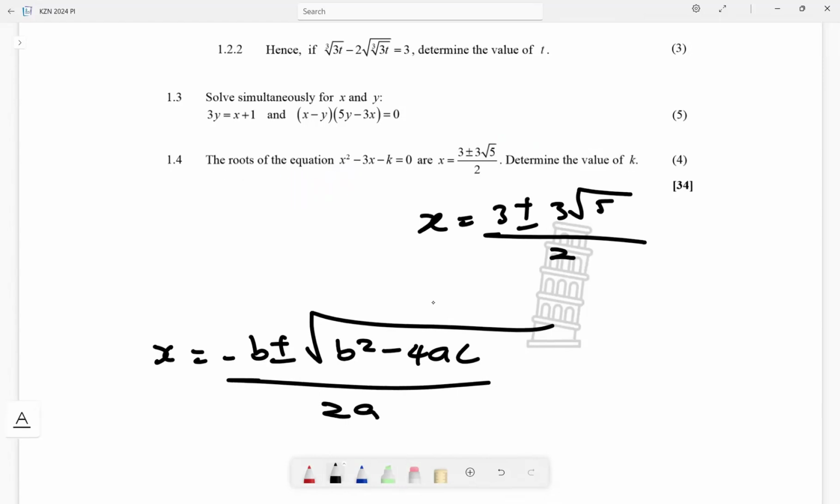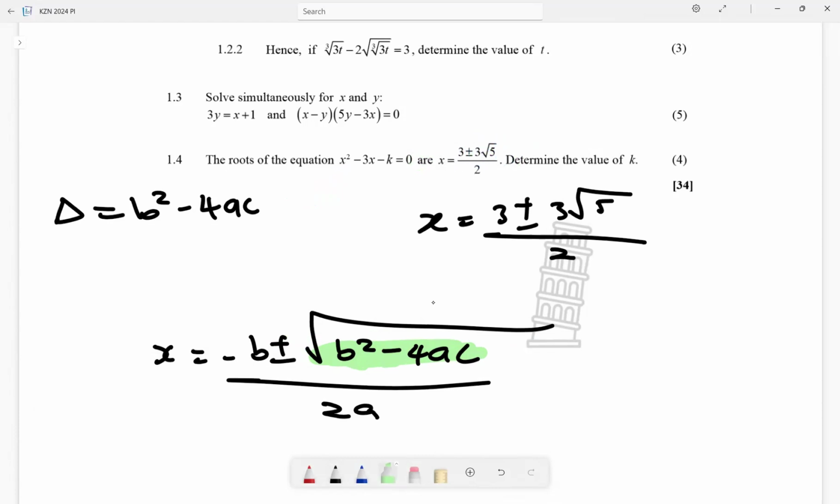What do we know about the roots? The discriminant, which is b squared minus 4ac, is what is under the root. So they tell us the roots for this equation are that, and we are going to get the discriminant from the bracket.